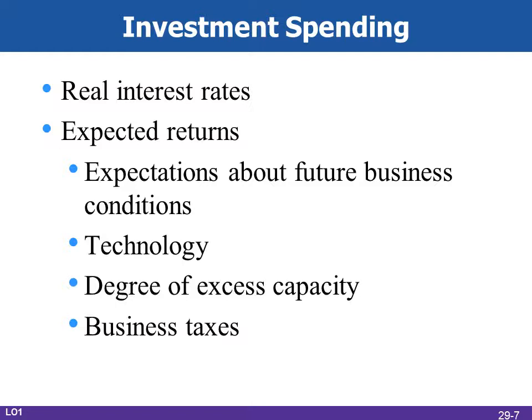The degree of excess capacity, in other words, if a business is at or near capacity when it comes to the number of machines and equipment they're employing, and the demand for their particular product or services is quite high, then obviously they're going to need to expand when it comes to buying new machines and equipment, right? And then, of course, business taxes. This one's a pretty straightforward idea. If you want more of anything, tax it less, and if you want less of anything, tax it more.